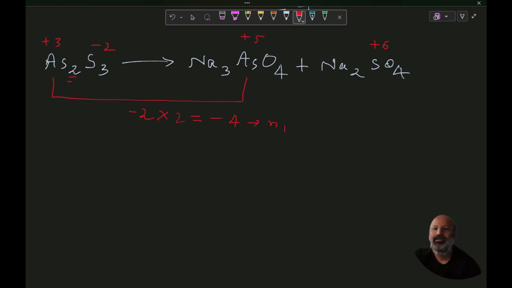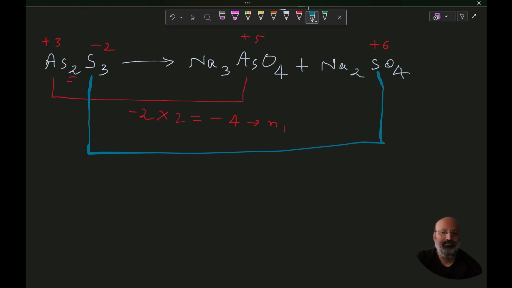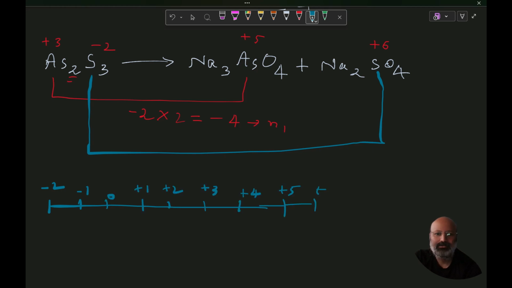Okay, now coming to the case of sulfur, you can see this. How many electrons are lost? Minus 2 to 6, how much is it? It is actually 8. If you're not understanding, let me explain this. This is the scale, okay? So that is minus 2, then minus 1 up to plus 6.